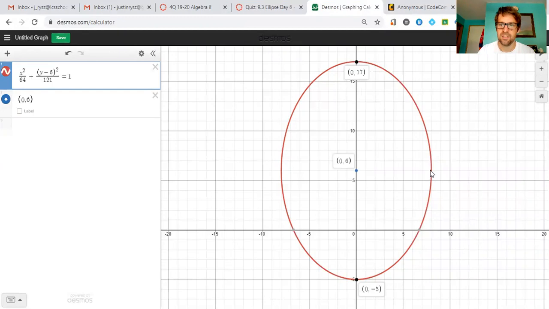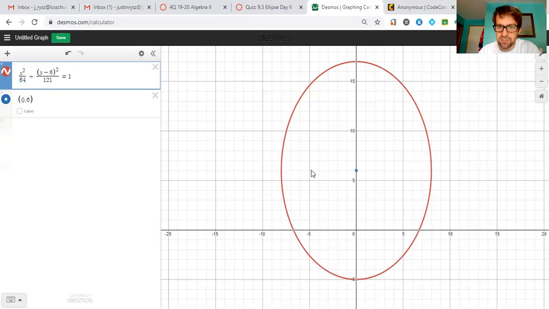Now to get the minor axis, or the co-vertices, we'd have to go ahead and look here. On the graph, we can kind of see where they're at. It looks to be about 8, 6 and -8, 6. We would get those answers from looking at the b, the x value here, and seeing that its square root would be 8, and we can add or subtract that to the center.